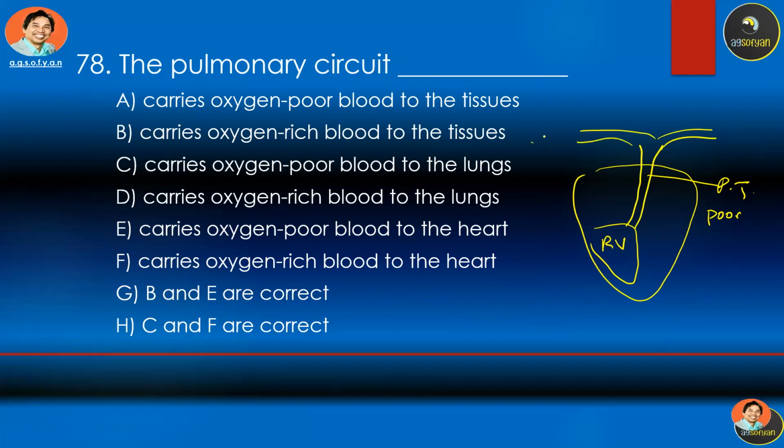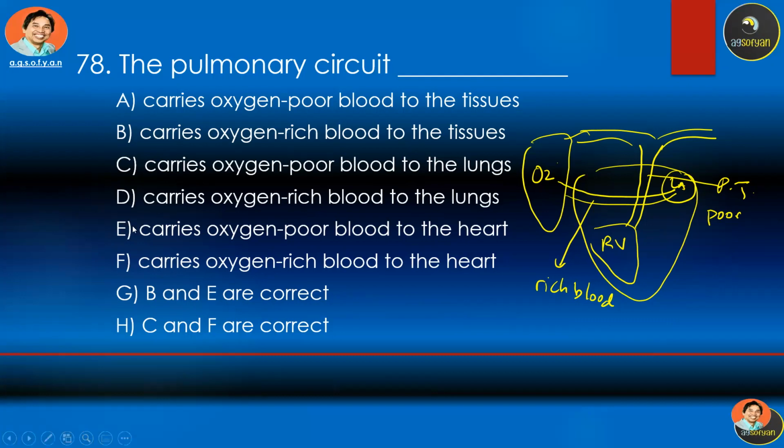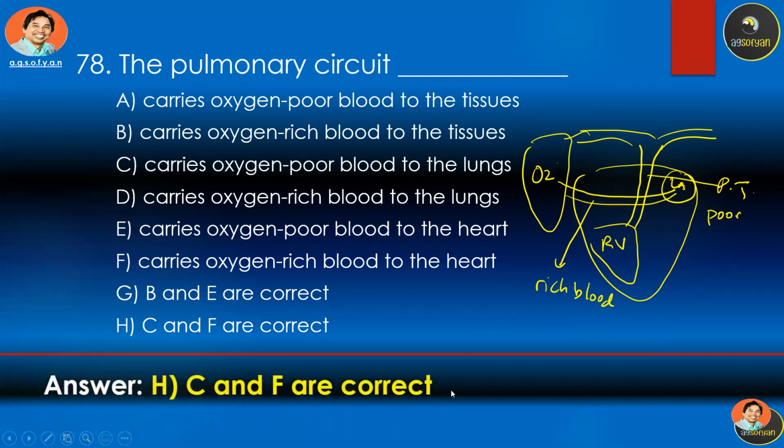In the lung, it will receive a lot of oxygen and return to the left atrium. And this blood that returns to the left atrium will be rich blood, has a lot of oxygen in it. So it carries oxygen-poor blood to the lungs, and returns the rich blood to the heart.